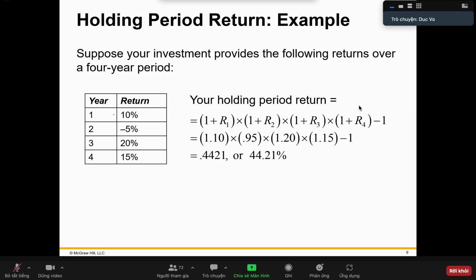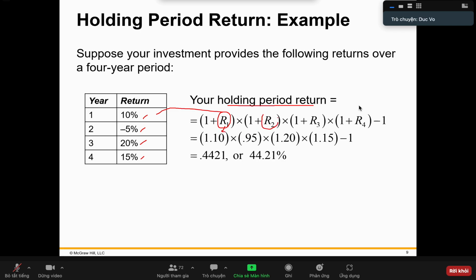Assume that in year 1, you earn 10%. Year 2, you lose 5%. Year 3, you earn 20%. And year 4, you earn 50%. If you want to work out your holding period return, for the first year you earn 10%, so that becomes 1.1.